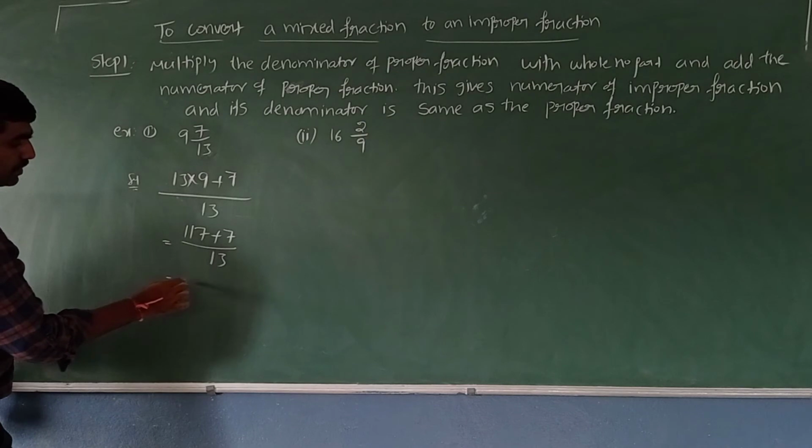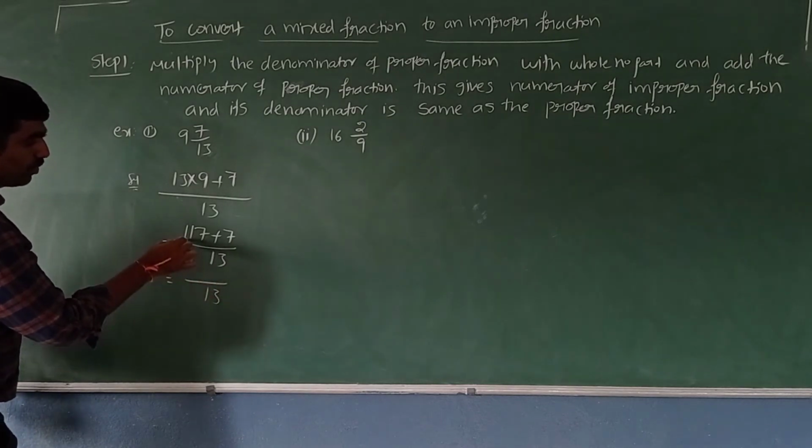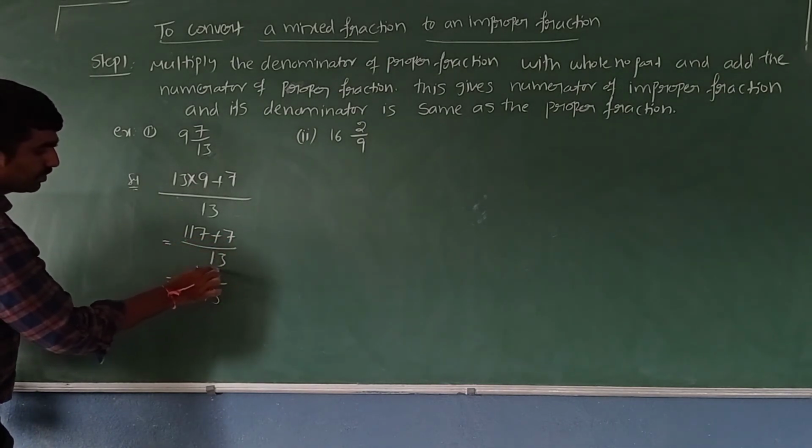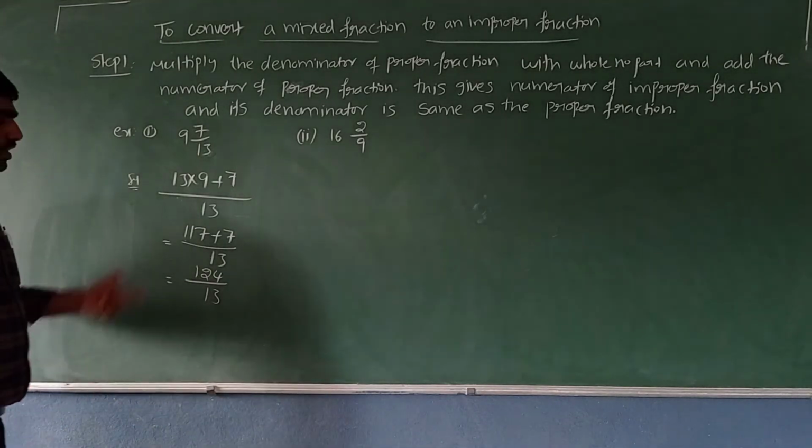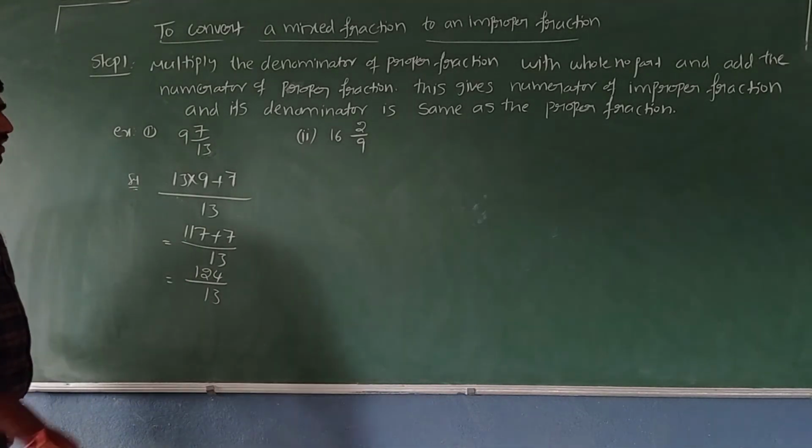Let's do the addition: 117 plus 7, how much? 124. So that is the way we can express it as an improper fraction.